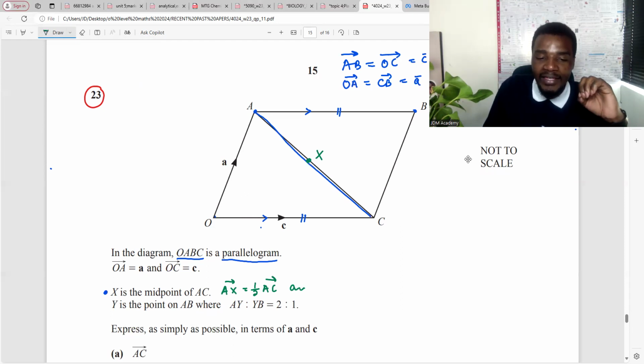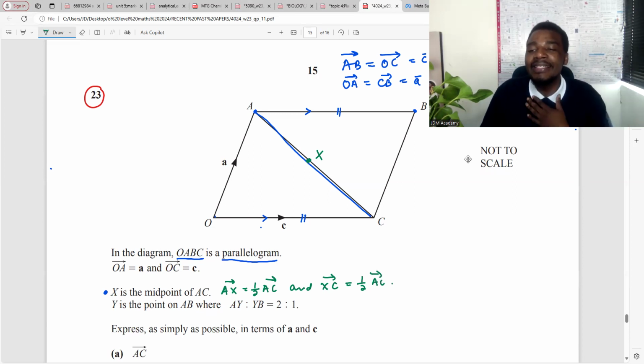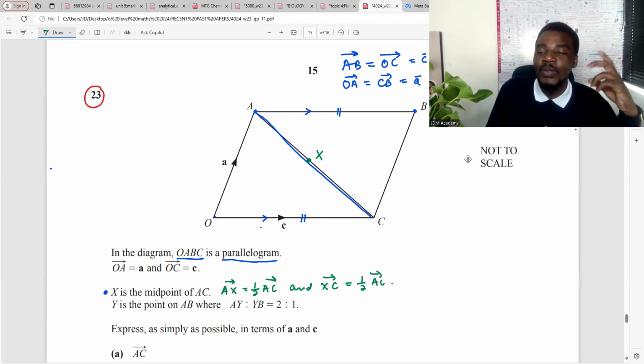And vector XC is also equivalent to half of vector AC. So once we know vector AC, it will be very easy for us to deduce vector AX as well as vector XC. Let's quickly move on to the next slide.